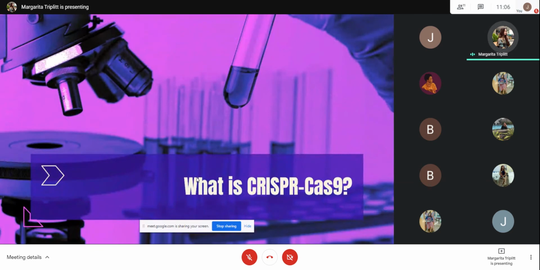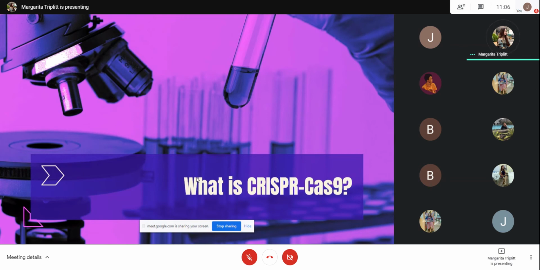So what is CRISPR? Bacteria and archaea are also prone to being infected, and these microorganisms have evolved a defense mechanism to fight viral infection, particularly bacteriophages or phages.